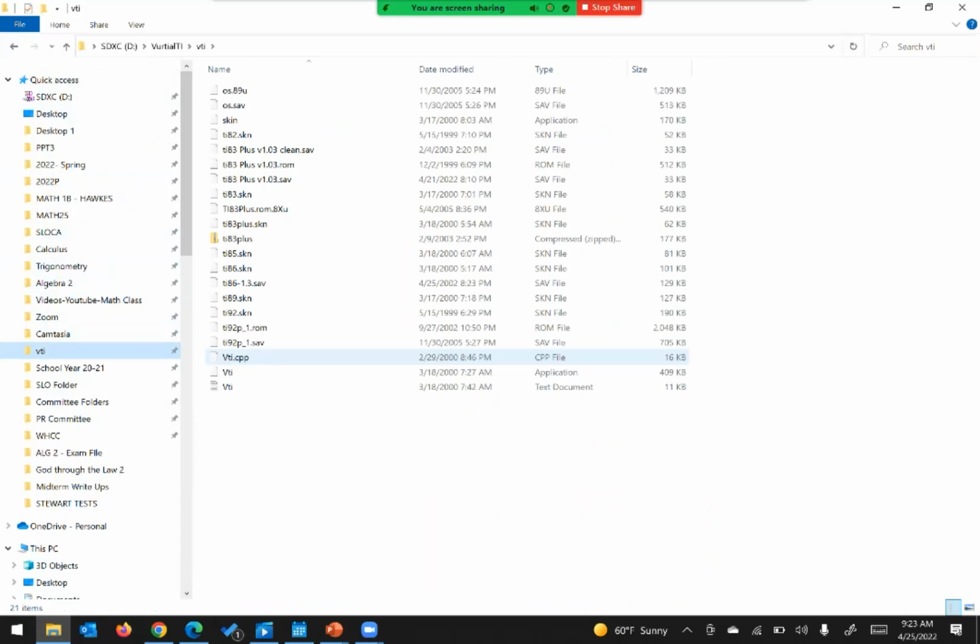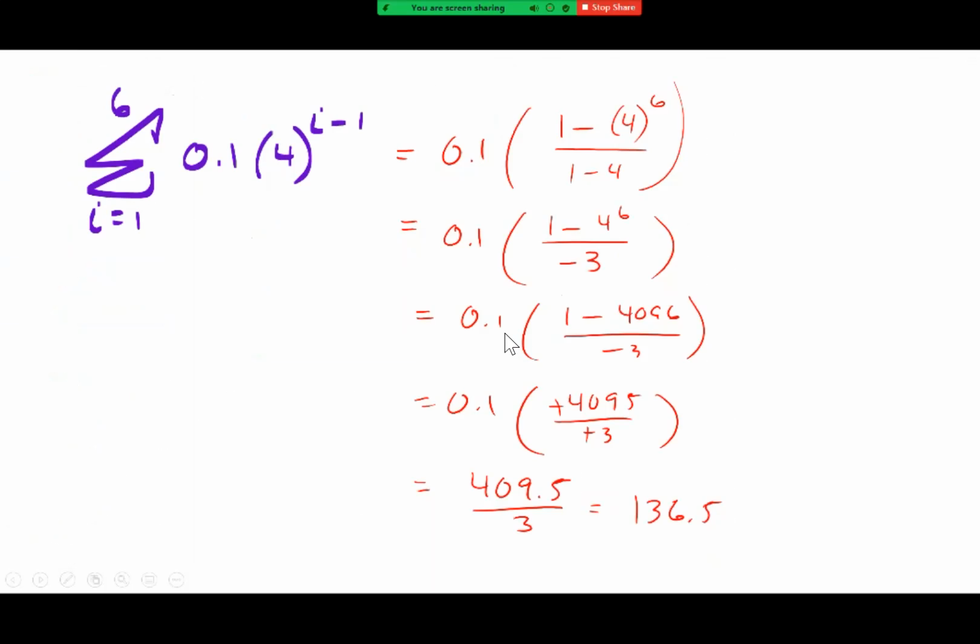Let me try it real quickly here as well. 0.5 or 0.6, let's see.